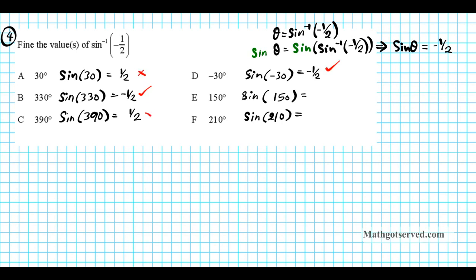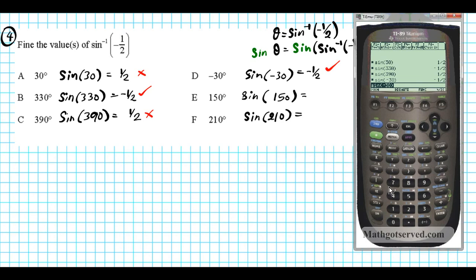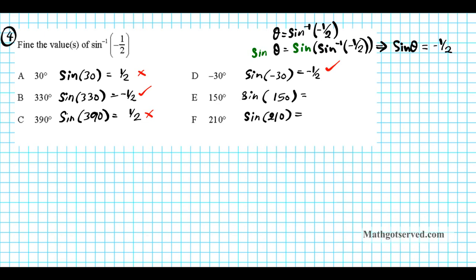Alright, let's try the last two, sine 150 and 210. Sine 150 is 1/2, no good. And sine of 210 is negative 1/2, and that's good. So this is 1/2 right here, which is bad, and this is negative 1/2.